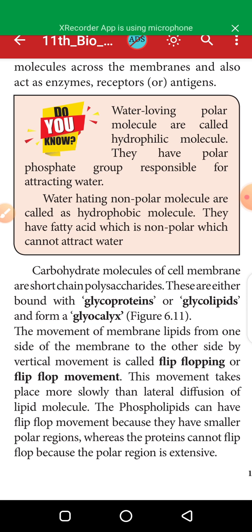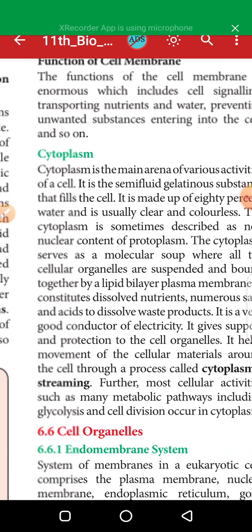This movement takes place more slowly than lateral diffusion of lipid molecule. The phospholipid can have flip-flop movement because they have a smaller polar region, whereas the protein cannot flip-flop because the polar region is extensive.